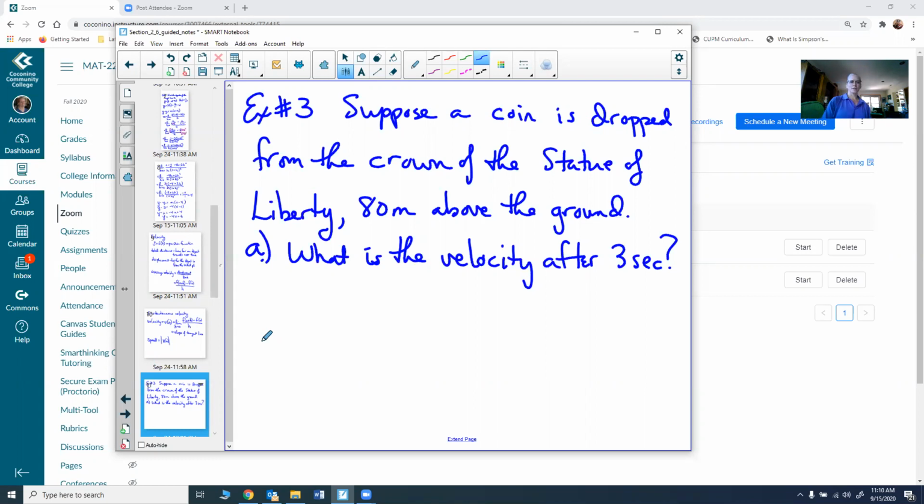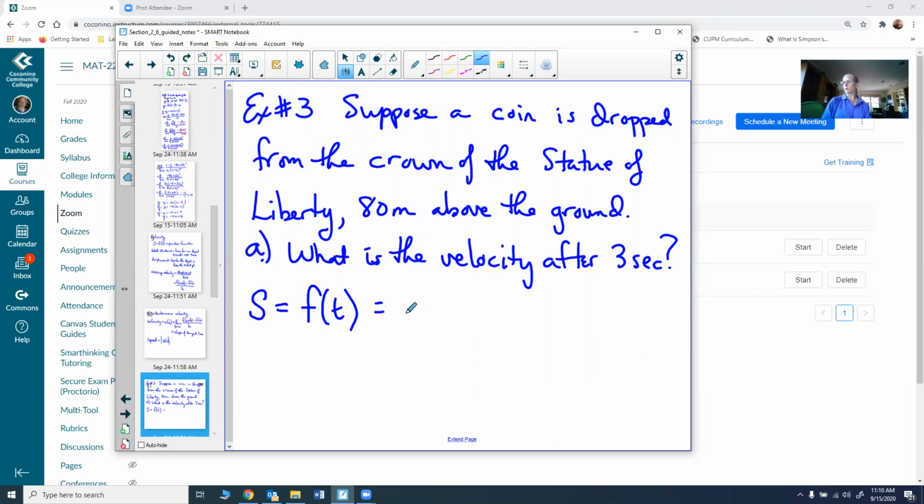So what we need is the position function of this object. Physics tells us that the position function, f of t, which remember position is s, so you can think of it as s. I don't like s because my s's look like 5s, but s is your position function at time t.